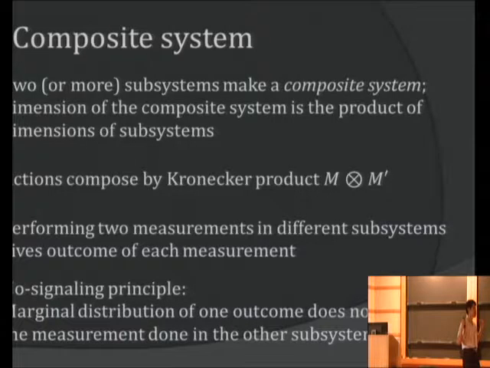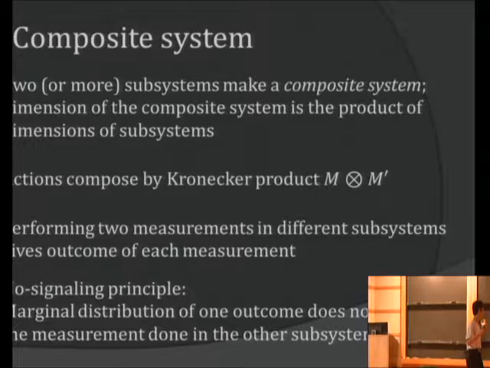No, we don't assume anything about the state. So if you have an EPR pair, and you measure one? Yes, even in that case. So this holds in any state.